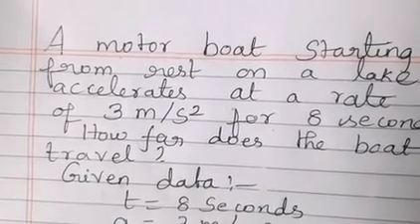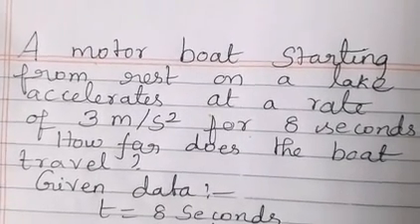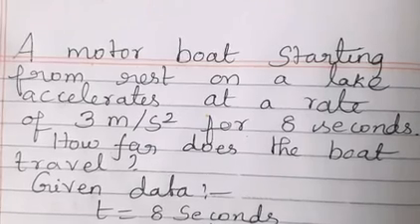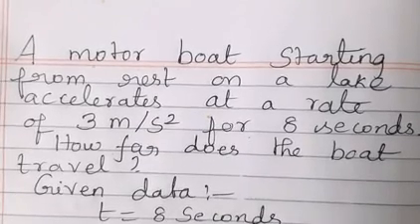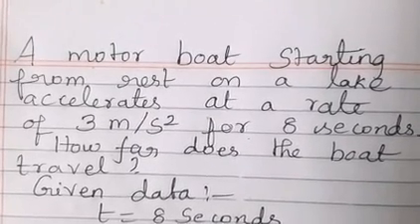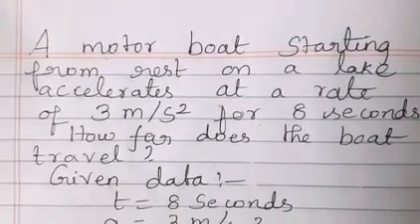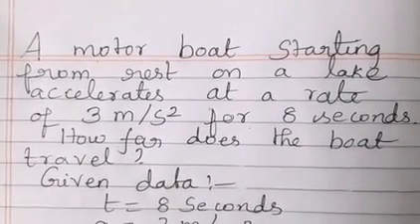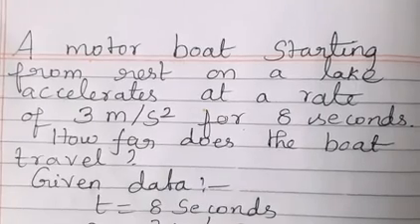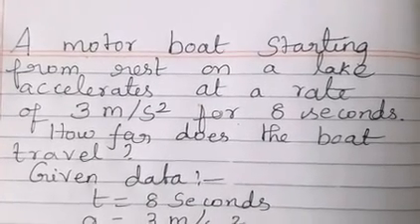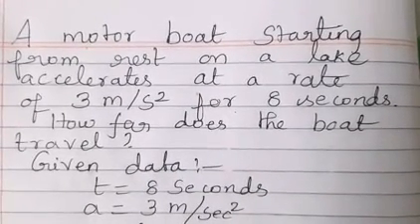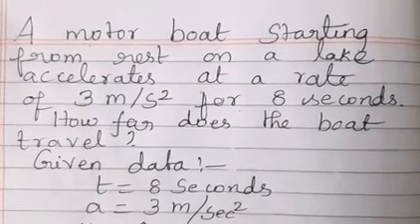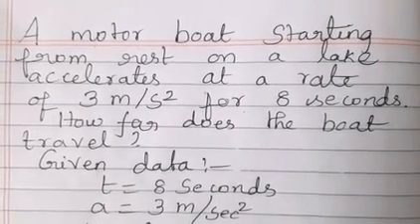Dear students, now we can see a problem based on the formulas of the equations of motion. A motor boat starting from rest on a lake accelerates at a rate of 3 meters per second square for 8 seconds. How far does the boat travel?